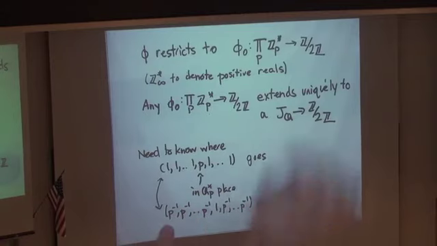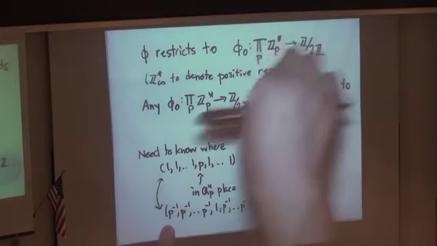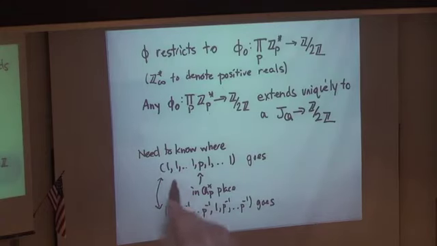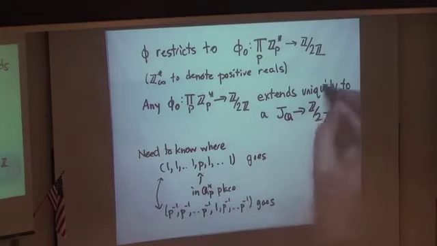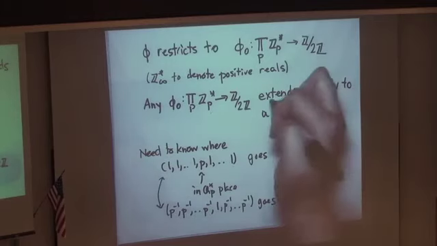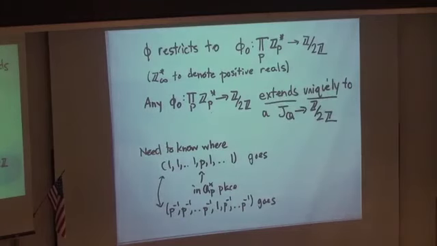So this element is actually in our product of ZP stars. So phi0 is defined here. That shows you the unique part of this extension. And if you think a little bit carefully, you can see that it's a well-defined extension. So in fact, it extends uniquely.